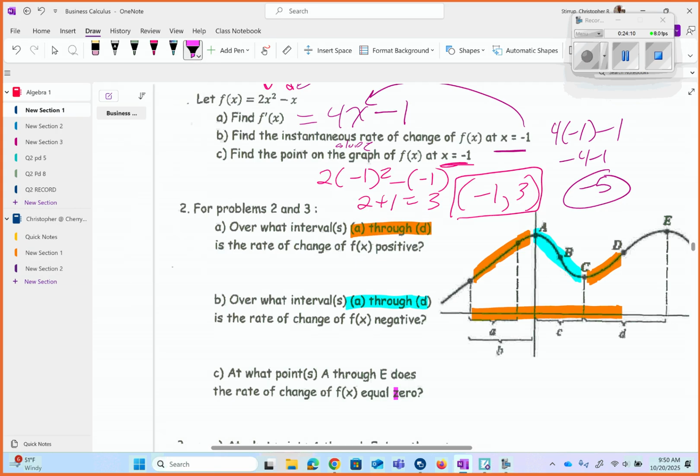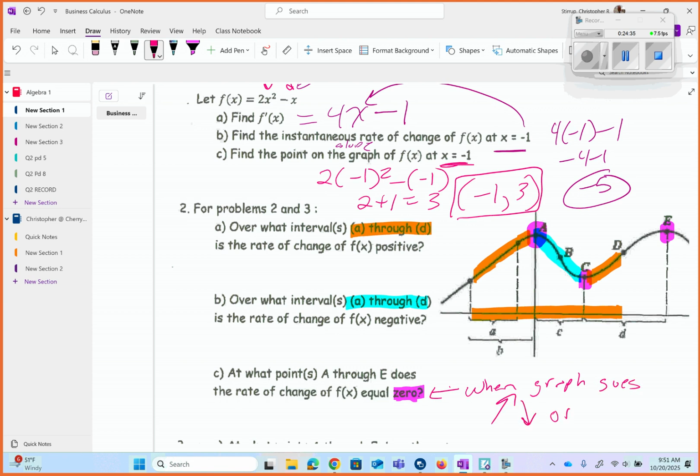Okay, where is it equal to 0? It's equal to 0 exactly there and exactly there. Okay, and it's right there. So where things are 0 is when the graph goes from up to down or down to up.